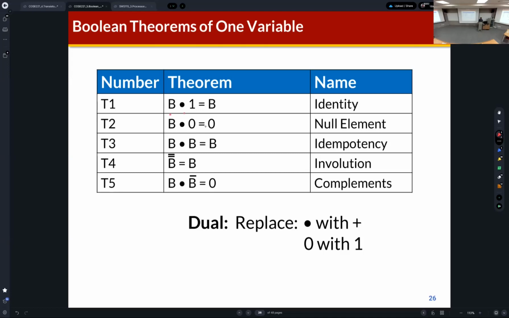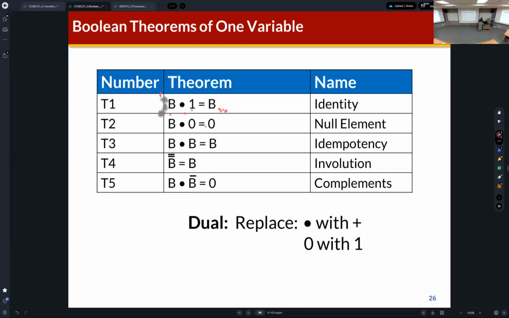B and 1 equal B, right? Why? We can prove it like this: if B equals 1, then 1 and 1 equal 1. And if B equals 0, then 0 and 1 equal 0, right? So if this term is 1 and this is the AND operation, then B and 1 is B, obviously.